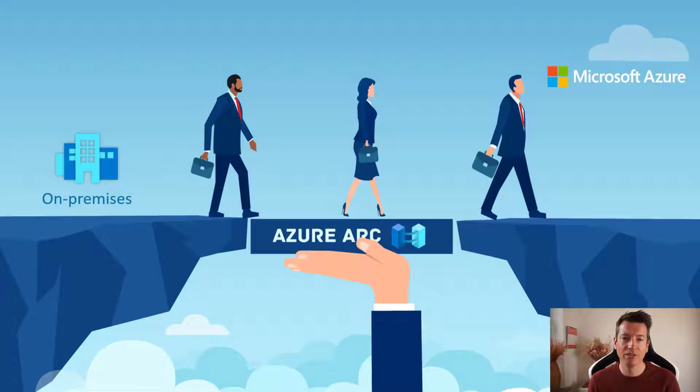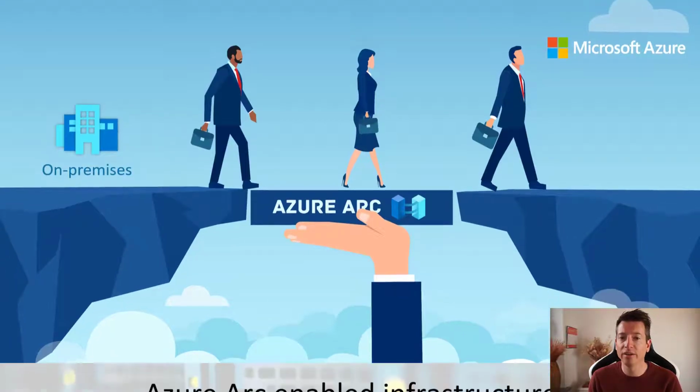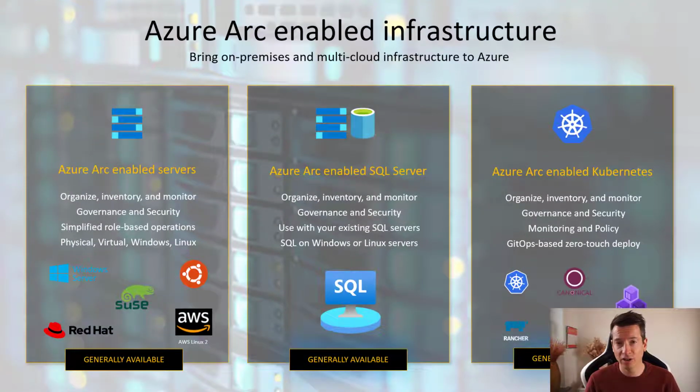So it will give you the possibility to just make sure that the gap is not that big anymore between your on-premises data center and Microsoft Azure. So if you talk about Arc and if you talk about Azure Arc-enabled infrastructure, we have different flavors. I'm not going to explain everything in detail in this session, but first of all, I want to explain to you what Azure Arc-enabled service is.